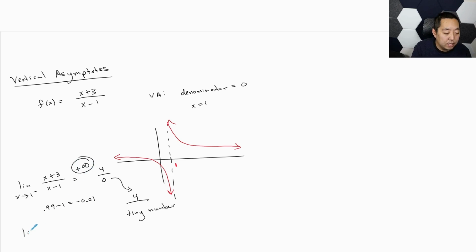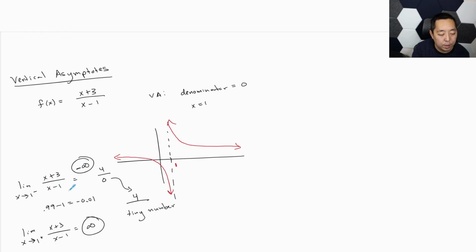If we look at it from the right, this is going to be 4 over a tiny number again, but a tiny positive number. Oh, I'm sorry, I said this backwards.